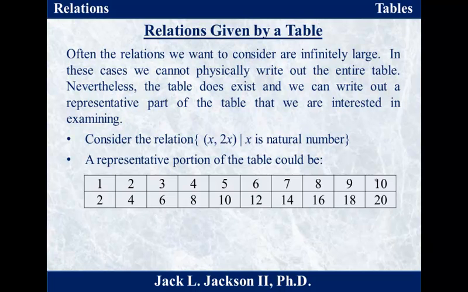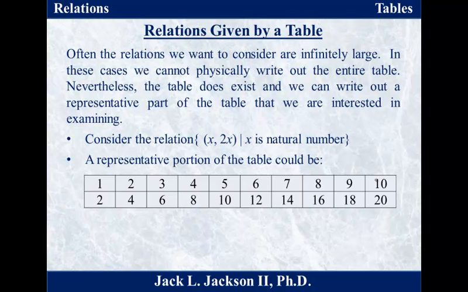And so we have the first part of the table listed here. And of course the inputs are the natural numbers. The outputs will be 2 times the input. So the outputs are 2, 4, 6, 8, 10, 12, 14, 16, 18, 20, and so forth. And of course we describe that as what? The set of even natural numbers. That would be the range.